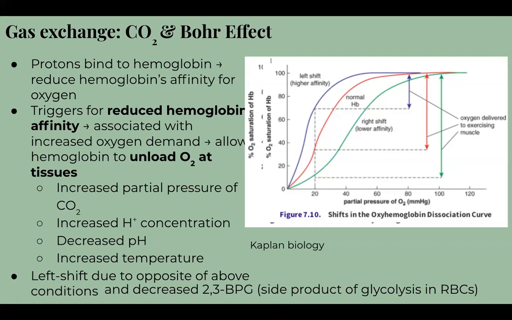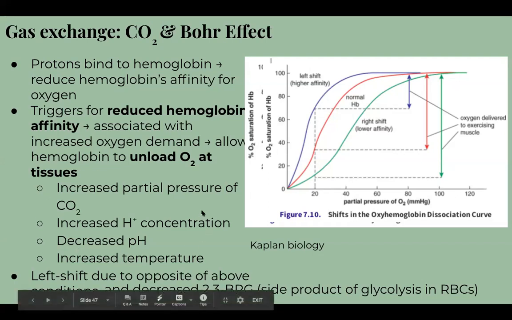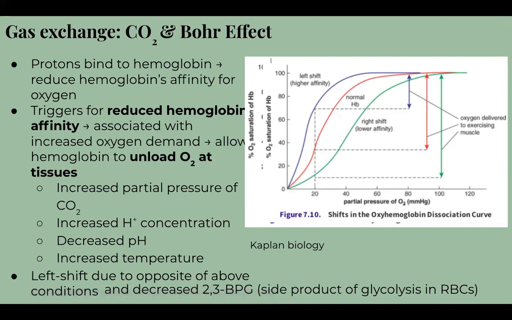So the Bohr effect refers to the fact that when your body is under these conditions, hemoglobin will have a lower affinity for oxygen. This means that under these conditions, hemoglobin will release more oxygen to fulfill that body's need for oxygen.